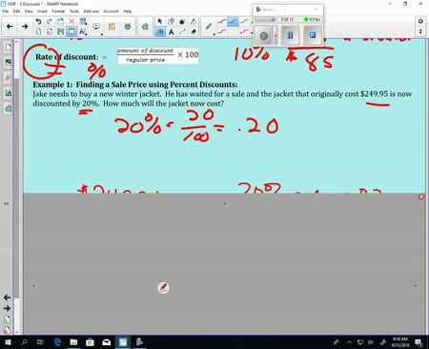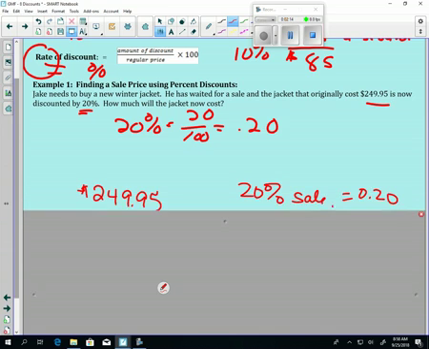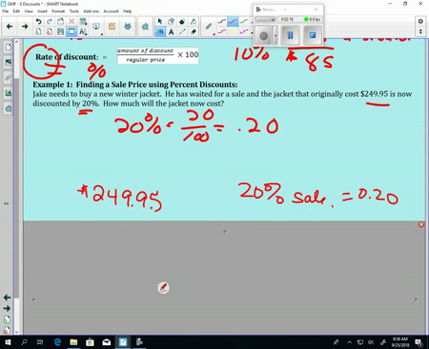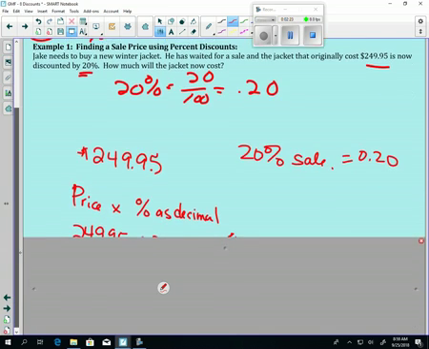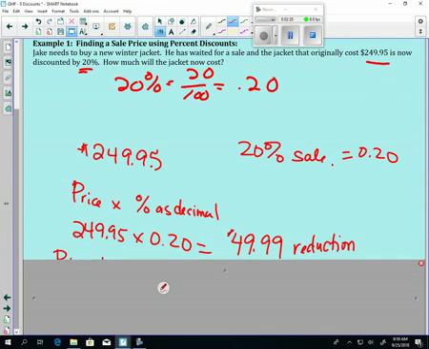Then we look at what our original cost was, $249.95. Our rated discount is 0.20. We take that original price and multiply it by 0.20. So that means we're going to have to pay $49.99 less than the original price.